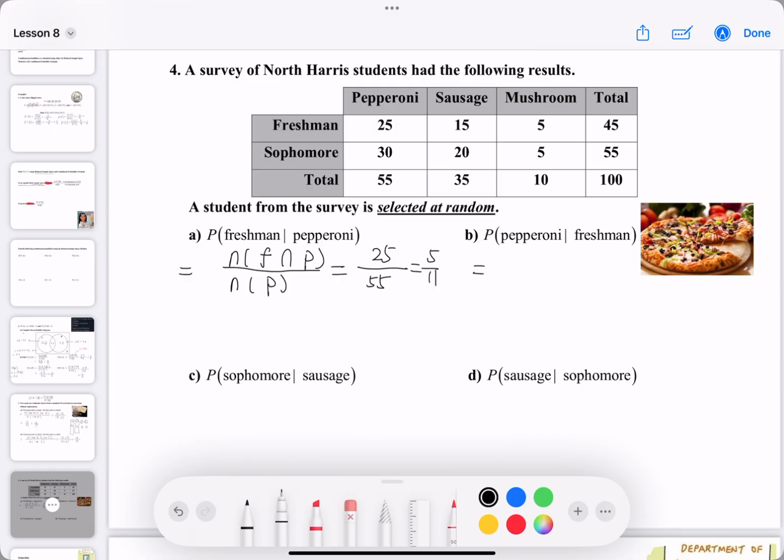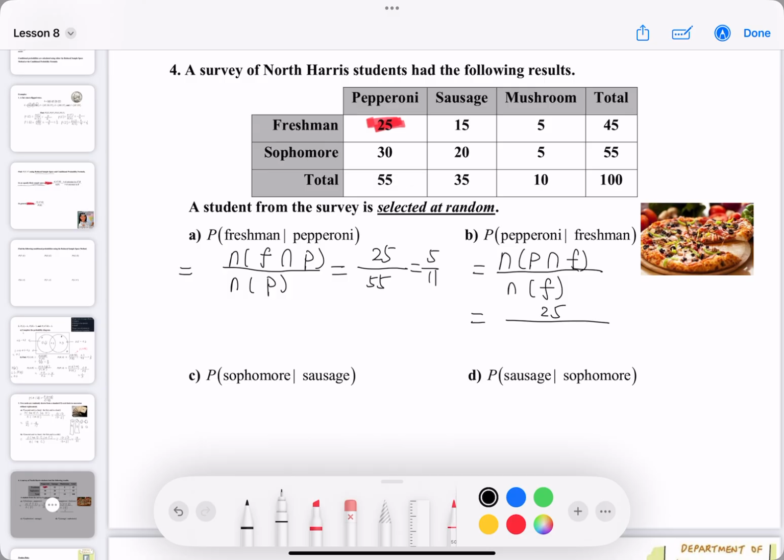Let's see, next example. P of pepperoni given freshman. So let's reduce the sample space. N of pepperoni and freshman divided by N of freshman. And N of P and F. Let's find where is the pepperoni and the freshman. 25. Again, 25.